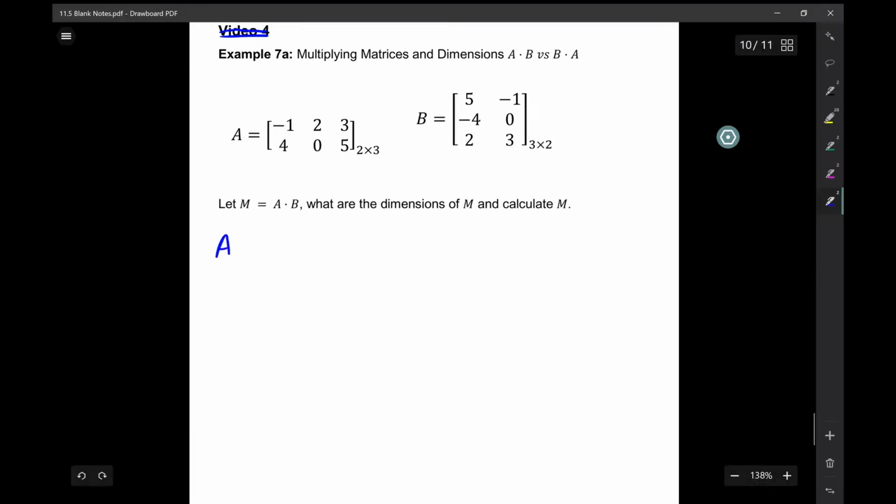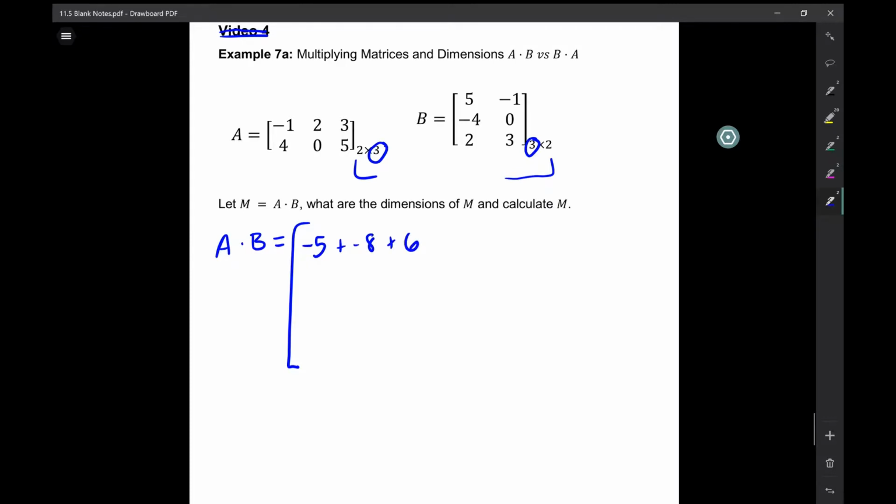A times B equals, well, if we look at A times B, the inner dimensions are 3 and the outer dimensions are 2. So this is going to be a 2 by 2 matrix. Negative 1 times 5 is negative 5. 2 times negative 4 is negative 8. 3 times 2 is 6. That's the first entry.